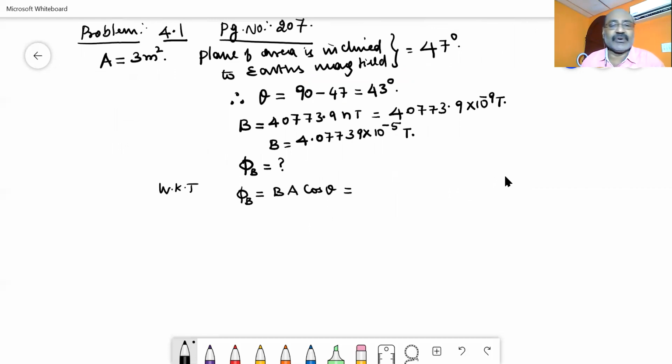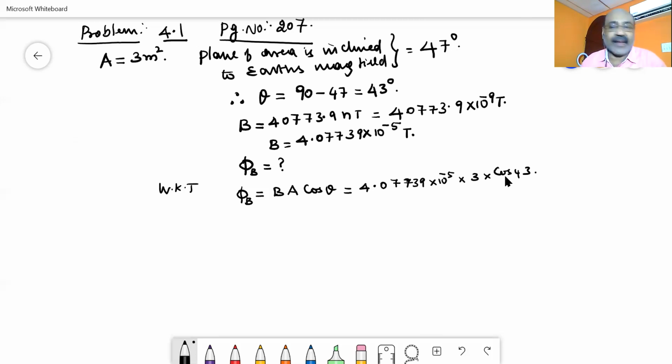So you substitute the values: 4.07739 into 10 to the power of minus 5, multiplied by 3, again multiplied by cos 43. First of all, you get the value for cos 43.